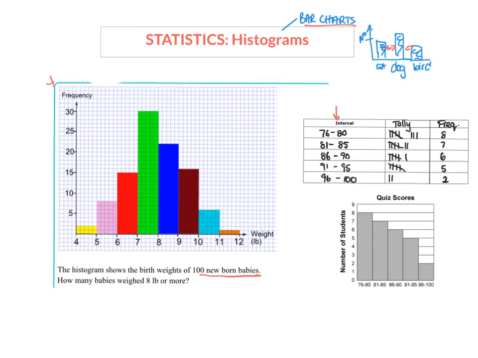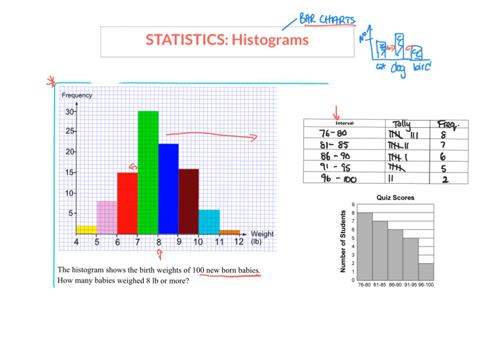In this histogram over here, we've drawn a histogram. It's like a bar chart, but there's no gaps in between. How many babies were born between 8 pound or more? Well, here's 8 pounds, so 8 pound or more would be here.